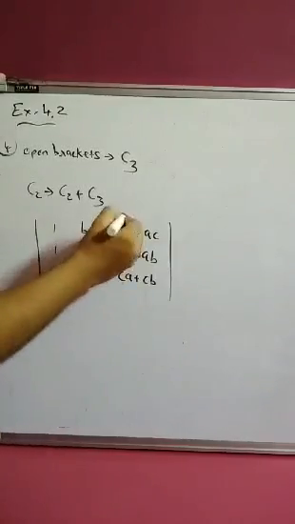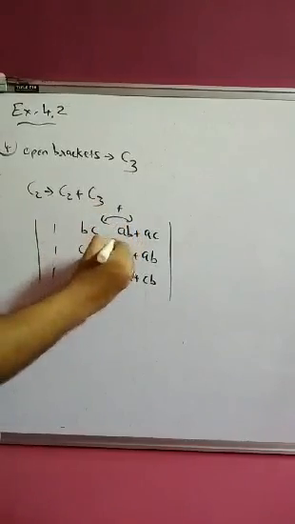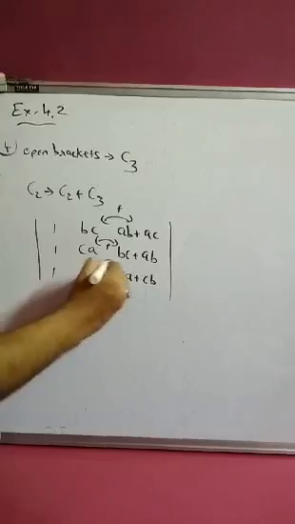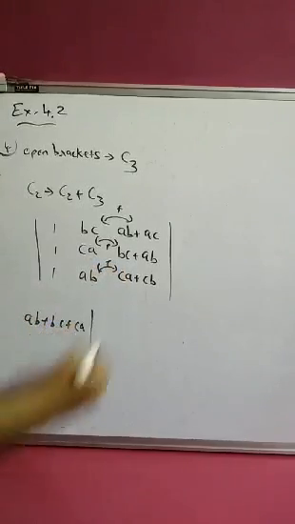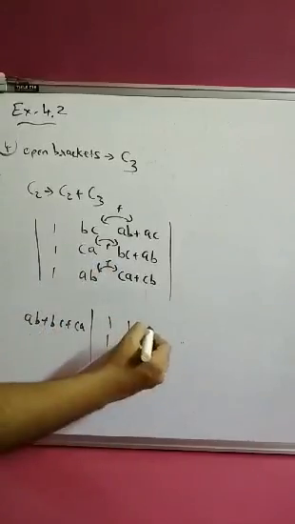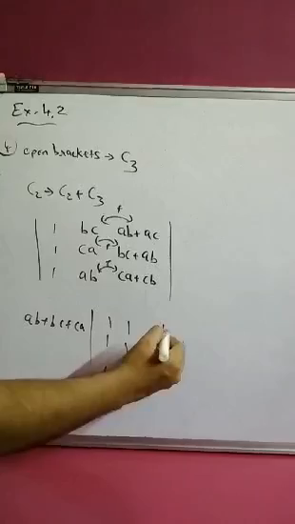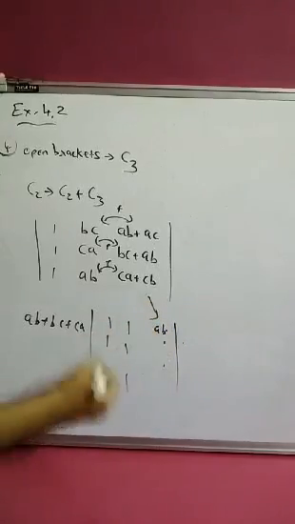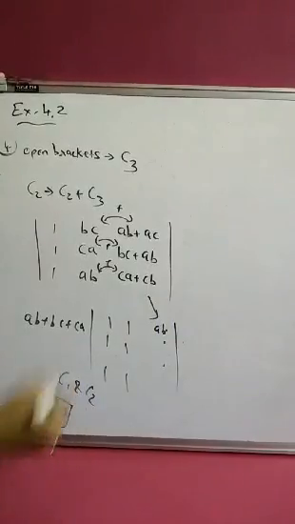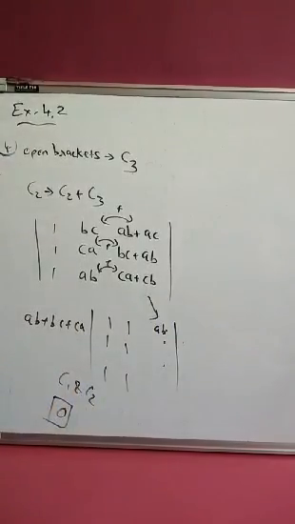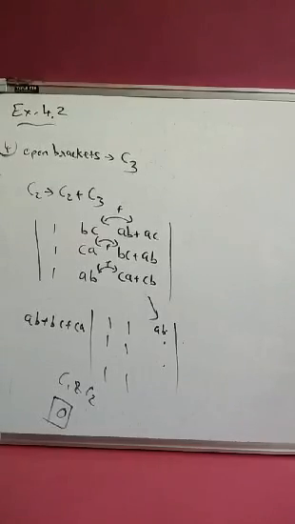Now what you do, add both column 2 and column 3. Now you take out AB plus BC plus CA. Here you will get both 1 1 1, and here you will get AB plus AC, same as this. So both column 1 and column 2 are identical, so your answer is 0. That's what you have to prove, right? See, I have just explained, solve it on your own.